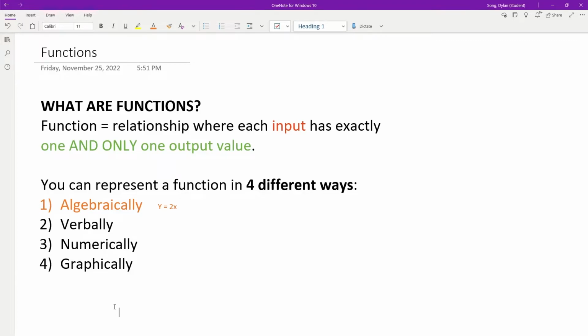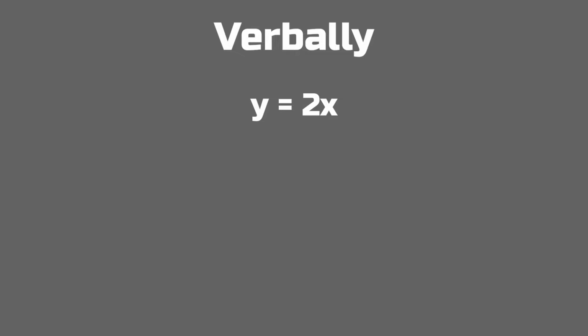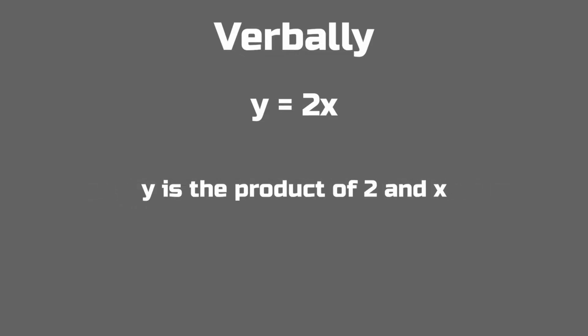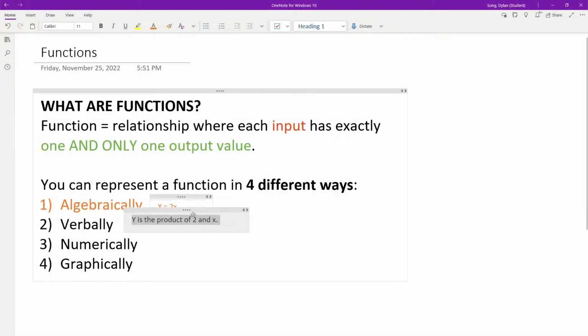So to express this in words, we would say y is the product of 2 and x. Or you could also say y is equal to 2 times x. Either way is fine. There are multiple ways of expressing the function verbally, but in this case, I'm going to go with y is the product of 2 and x.